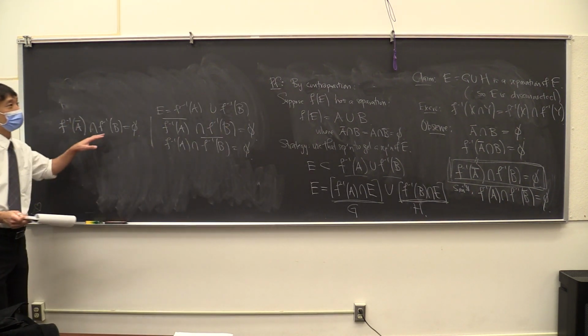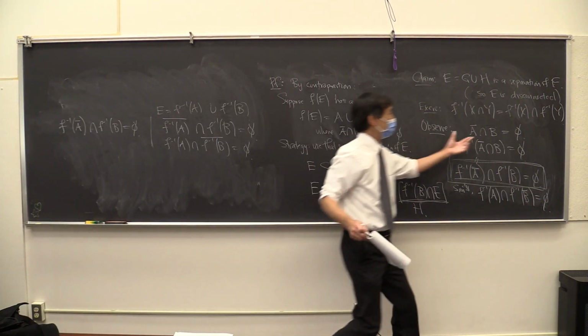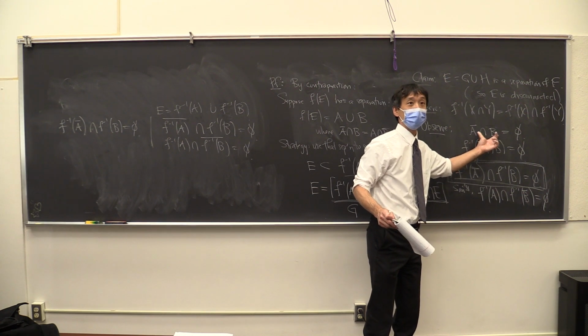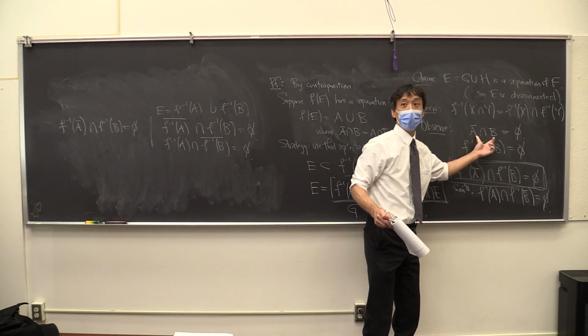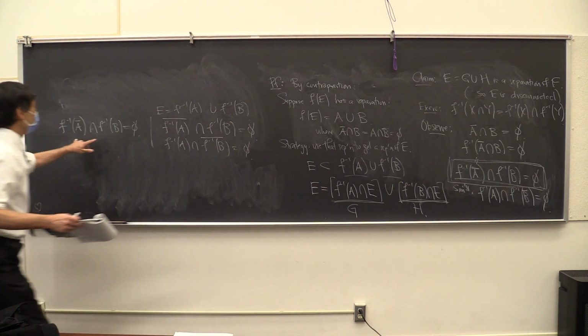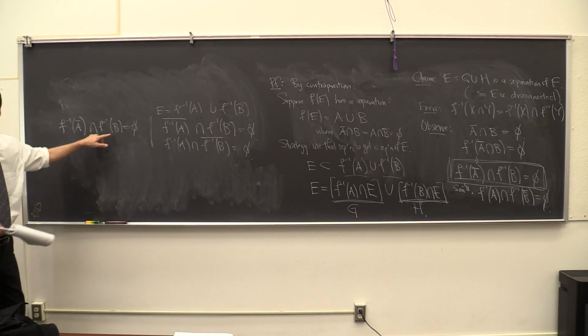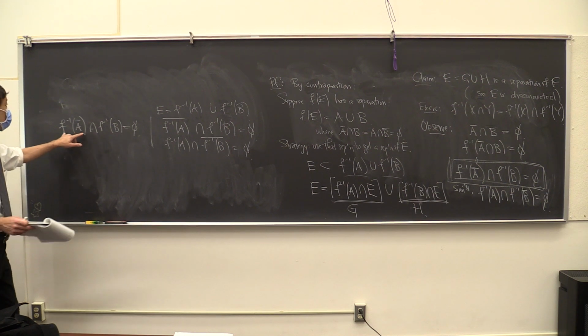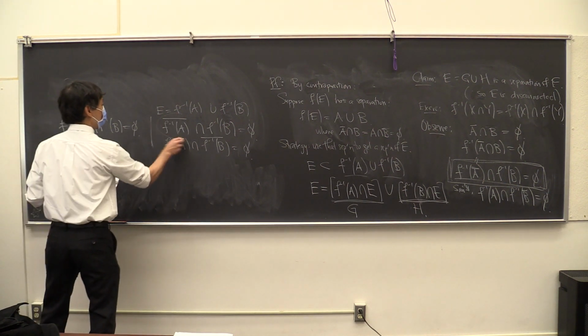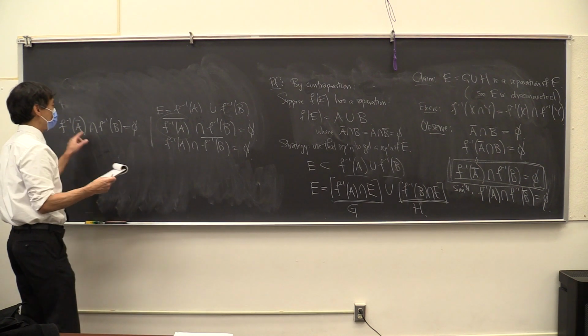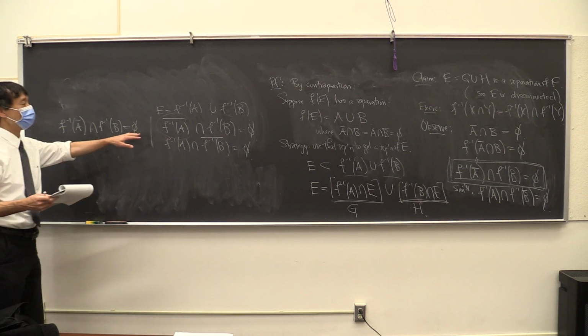We know that because A and B were a separation over there. And then we say, does this give us that this thing intersect that is empty?